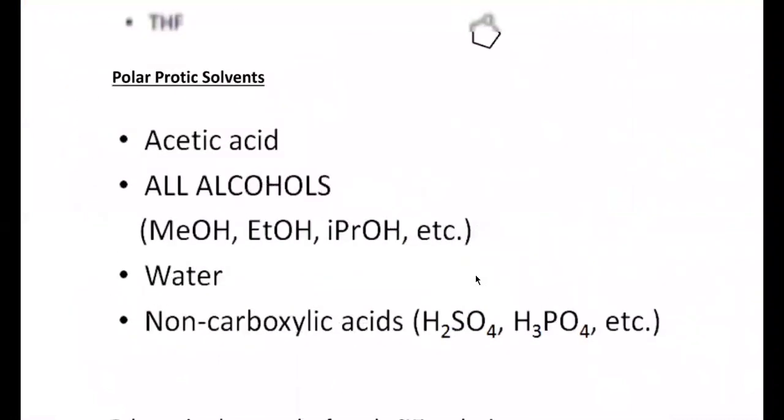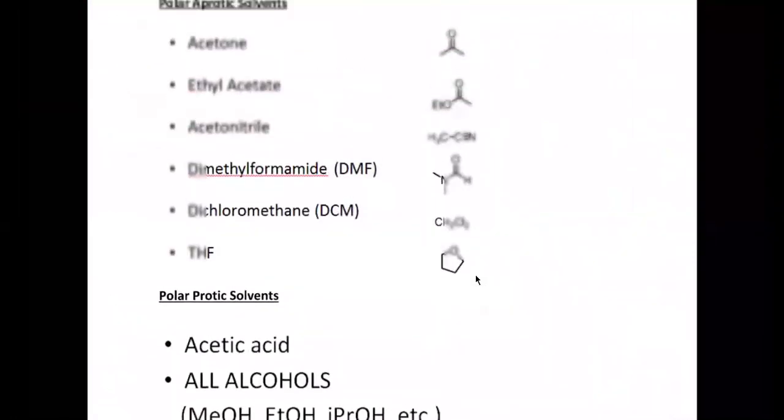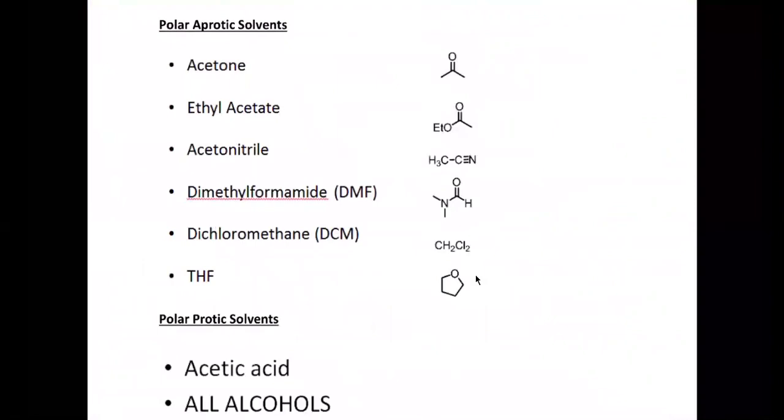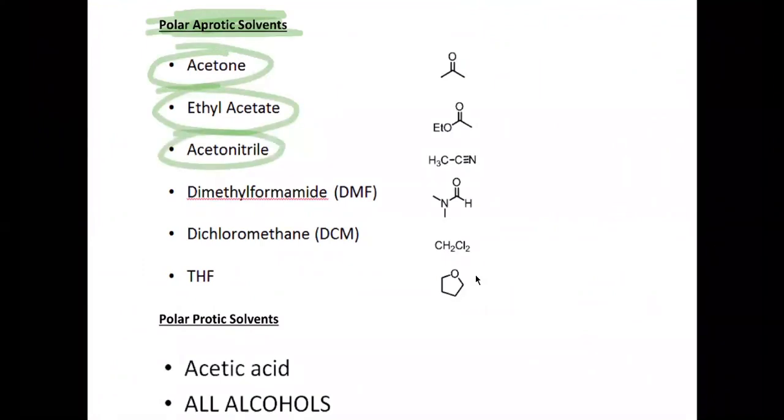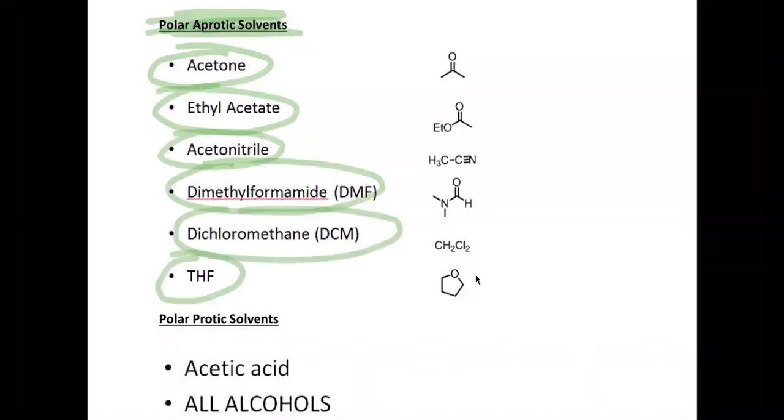Here it is right here. So here is this list, and this is on Blackboard, by the way. These are what you call polar aprotic solvents: acetone, ethyl acetate, acetonitrile, DMF, DCM, and THF.